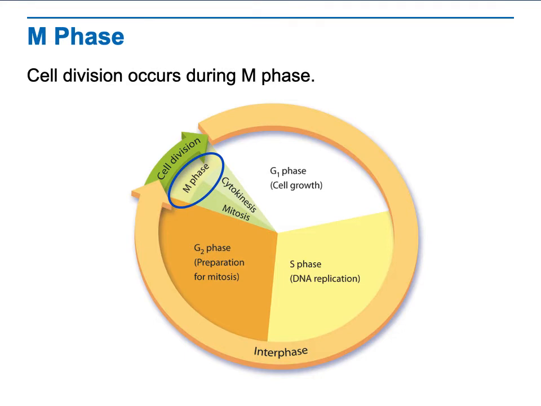Mitosis can be divided into four phases that lead up to cytokinesis. The cytoplasm divides and the two cells are formed during cytokinesis. Multicellular organisms grow by adding more cells rather than by allowing individual cells to grow infinitely larger. Cell division helps the cell avoid problems associated with cells that are too large.